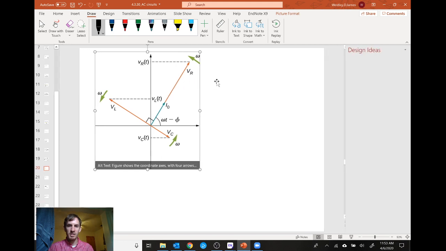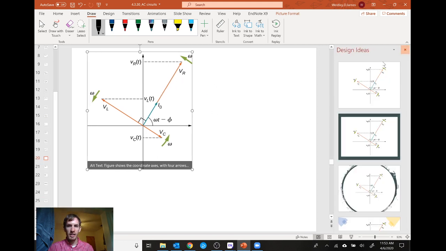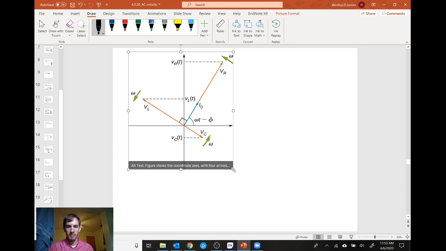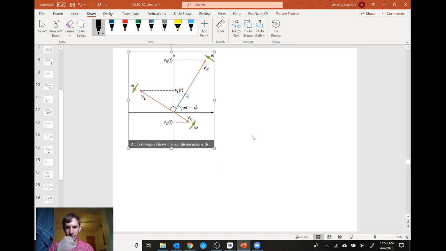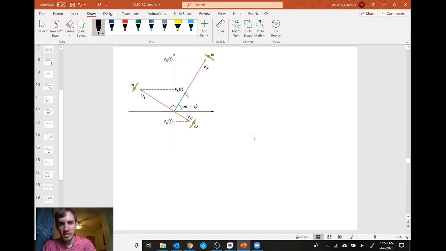So imagine that this is, at some time, what the current looks like. Well, at some later time, we could draw it. And now, at some later time, the current has now rotated.